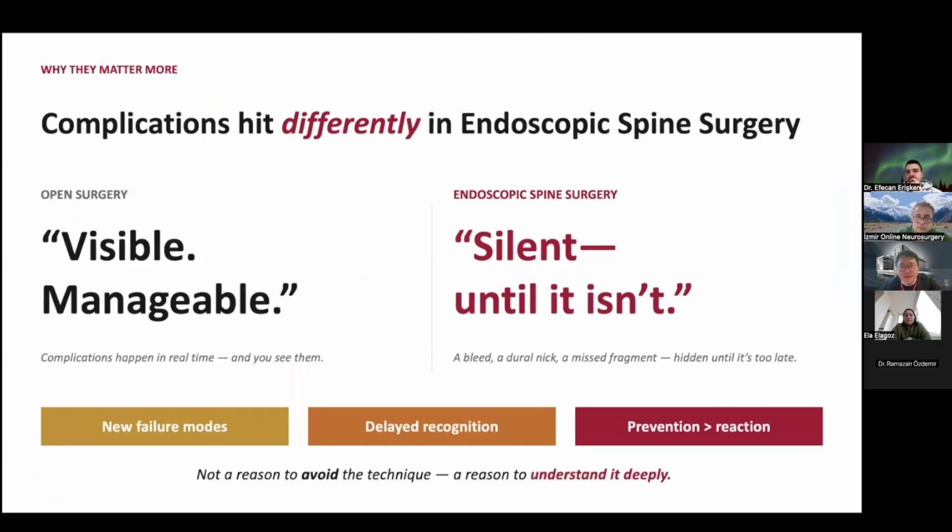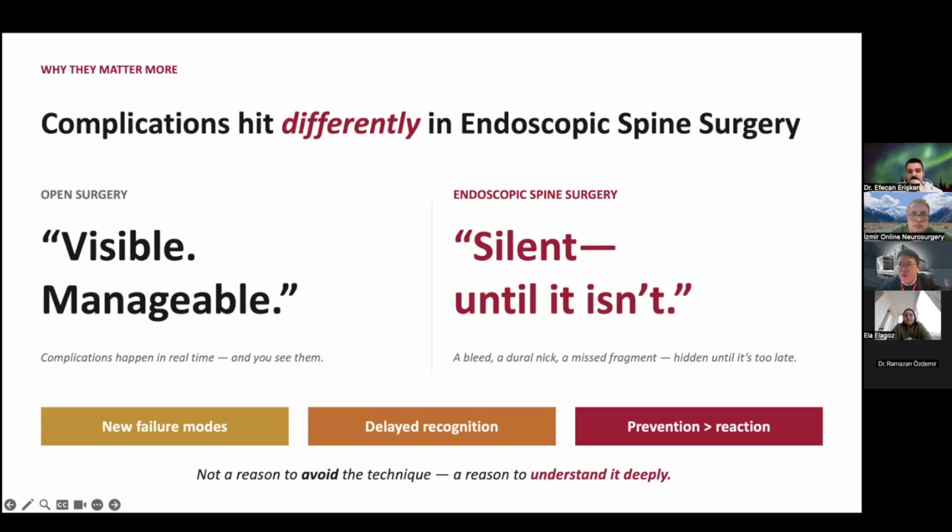So how are they different compared to open surgical procedures? In open surgeries, the problems are usually visible, they're manageable. They happen in real time and you directly see them. But in endoscopic spine procedures, they typically are silent until they become not silent. Bleeding, a dural injury, a missed fragment, incomplete procedure.